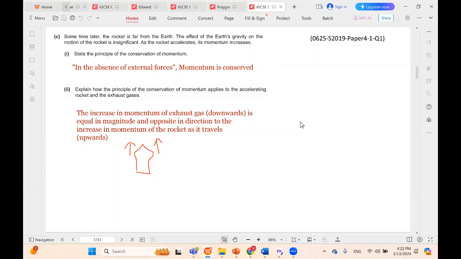This is balanced by more and more gas being emitted downwards, such that the momentum of the gas has to equal the momentum of the rocket, so that the total momentum of the system is conserved. In other words, the increase in momentum of the rocket has to equal the increase in momentum of the gas, equal and opposite in direction.